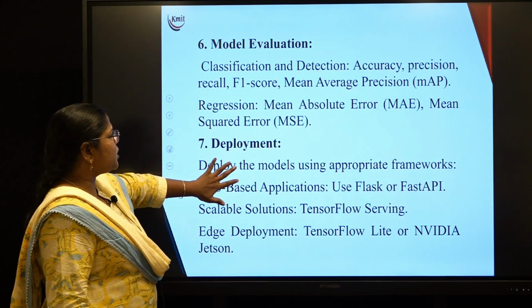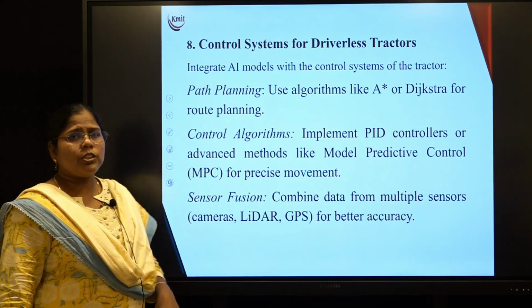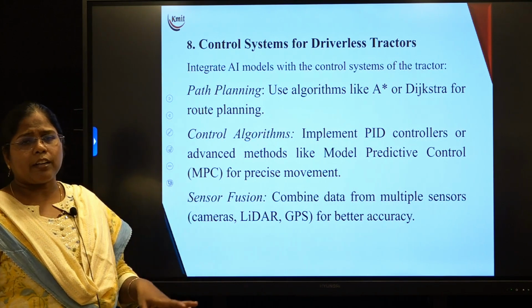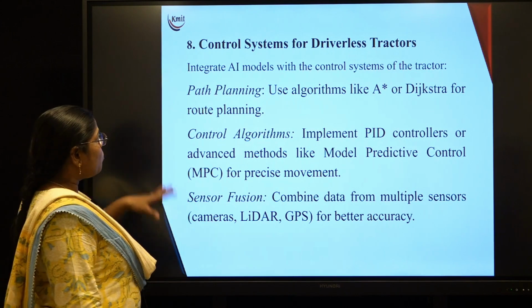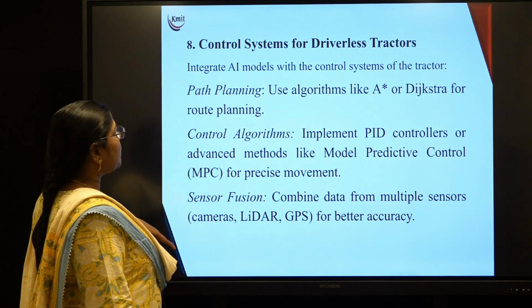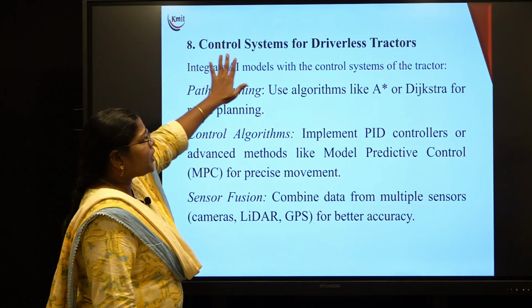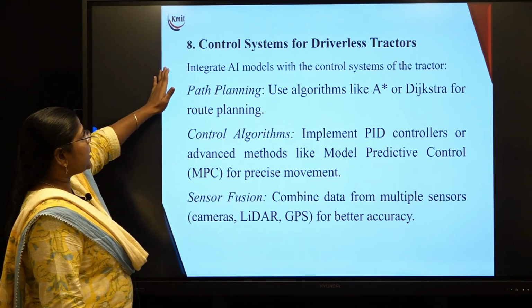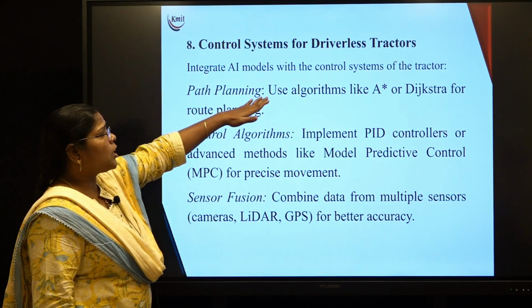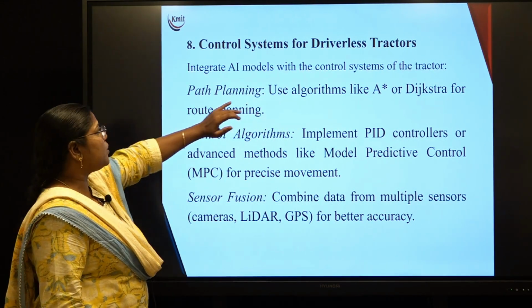Once the deployment is done, we always need to see whether the driverless tractors and crop sowing are working properly. If they are not working properly, we need to create a control system to correct the model. So always integrate the AI models with the control systems of the tractor.